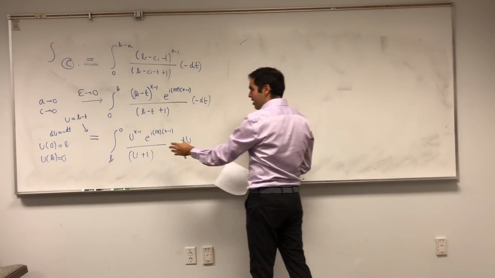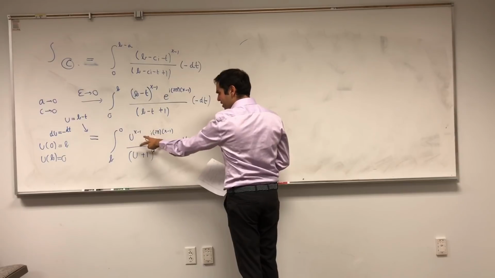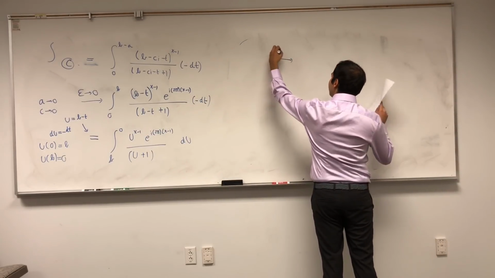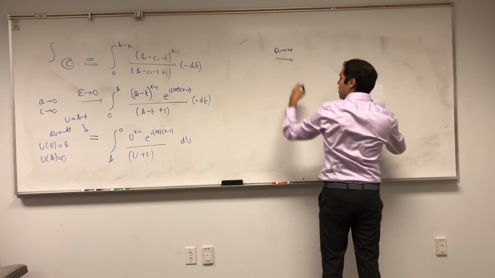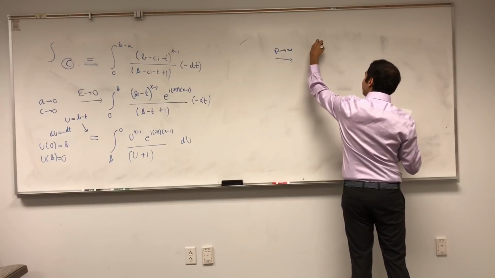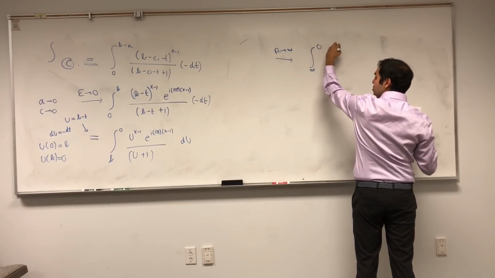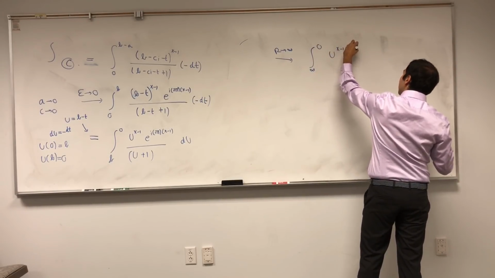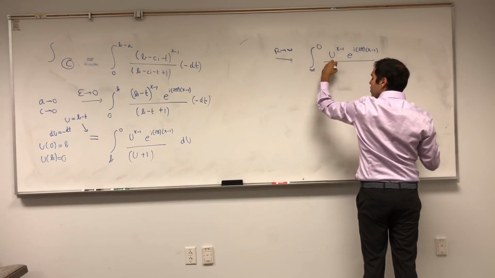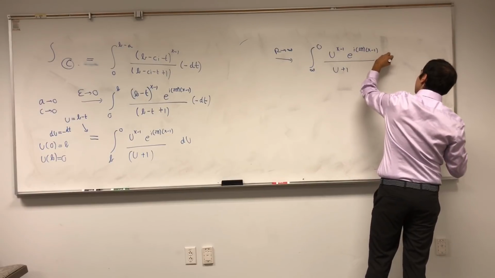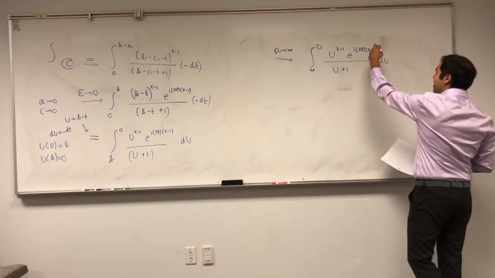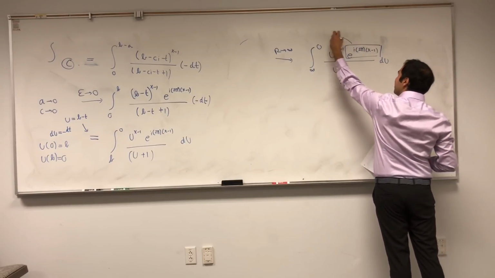And now, the interior doesn't depend on b, so now we can let r go to infinity. And we get the integral from infinity to 0 of u to the x minus 1 e to the i 2 pi to the x minus 1 over u plus 1 du. And look, it's basically equal to the integral we want because this thing doesn't depend on u.